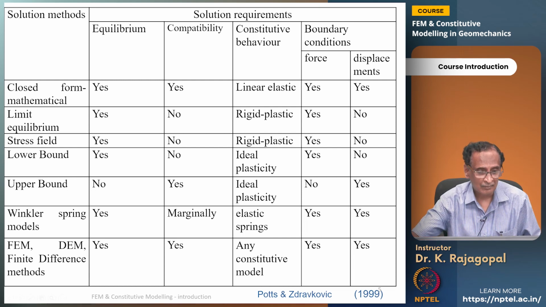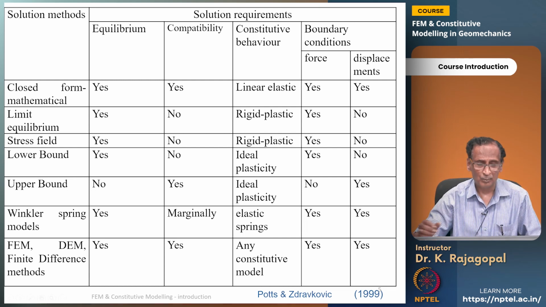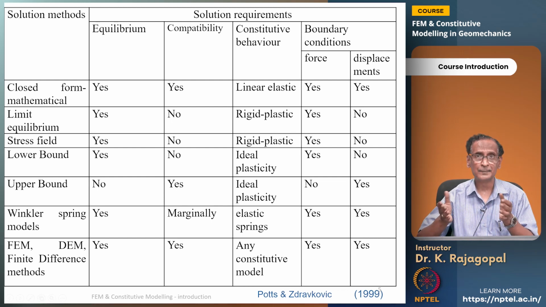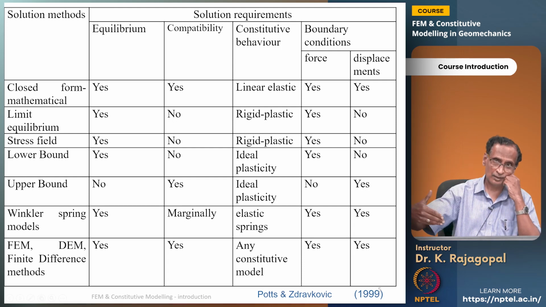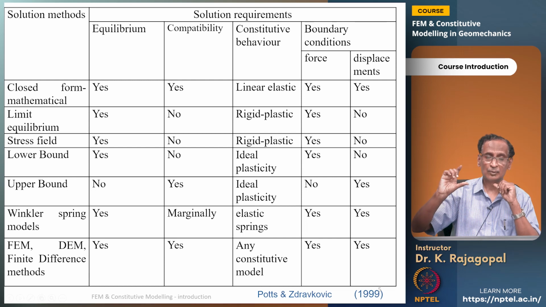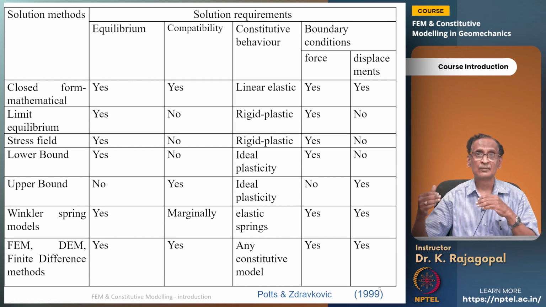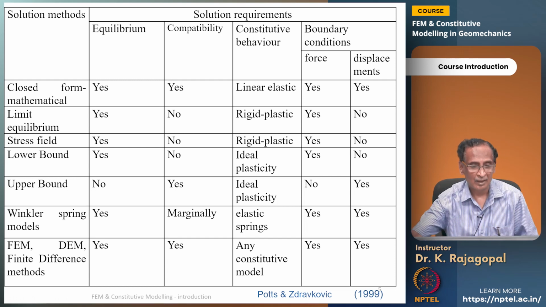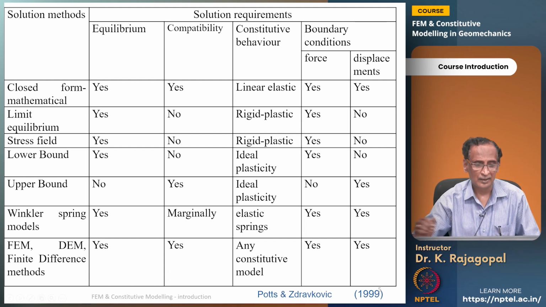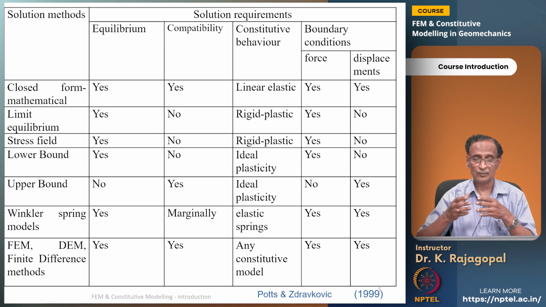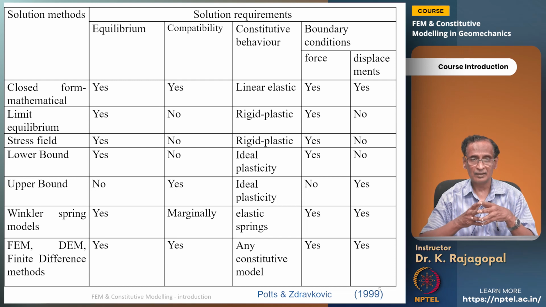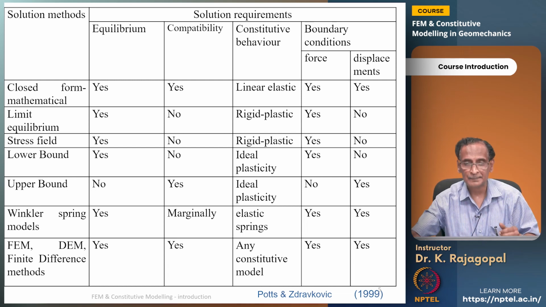Then another popular method in geotechnical engineering, especially in foundation engineering, is the Winkler spring approach. See, in these Winkler springs, the entire soil is represented by small springs that have some stiffness corresponding to the soil. We will be able to satisfy the equilibrium, and compatibility we will not be able to satisfy completely, but to some extent we can satisfy the compatibility.